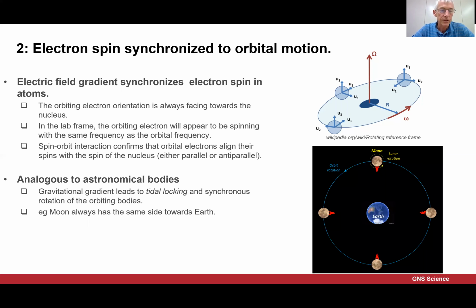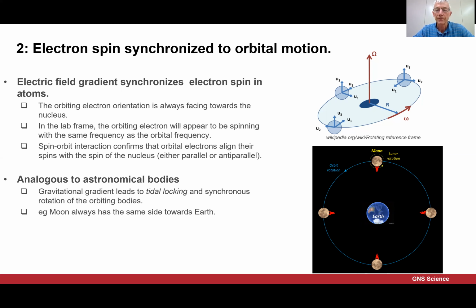And this is analogous to what we see in astronomical bodies, where the gravitational gradient leads to tidal locking and synchronous rotation of orbital bodies. We know this to be true in the case of our moon: we only ever see the one side of the moon, which is always orientated towards us.